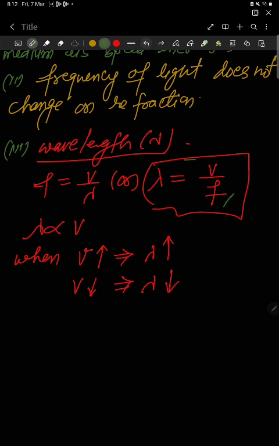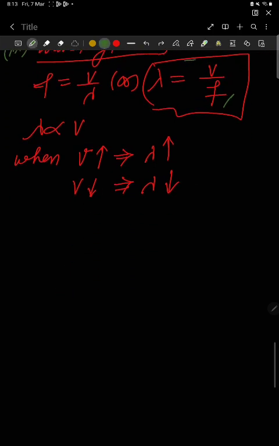It will remain constant. So through this we can see that lambda is directly proportional to v. So when v is going to increase, lambda is also going to increase. When velocity is going to decrease, lambda is also going to decrease. So what we have learned from here?